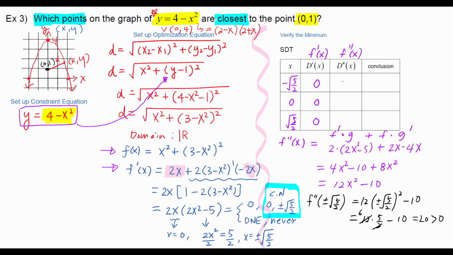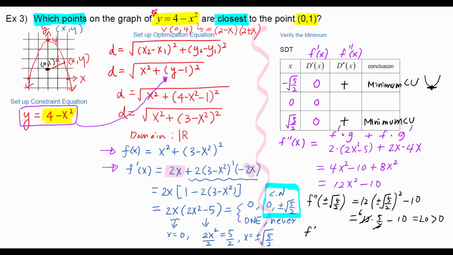So f double prime of negative radical 5 over 2 is positive. F double prime of radical 5 over 2 is positive. And because it's positive, that means it's concave up. Remember, concave up is a cup. So at the critical number, you have what, guys? You have a minimum. So I'm going to have a concave up here, which means a minimum as well.